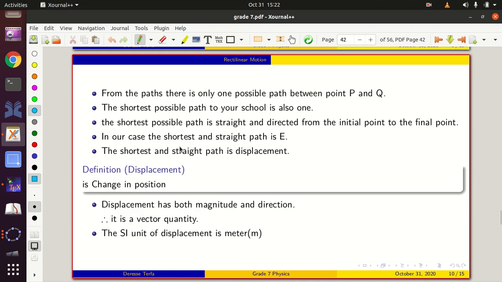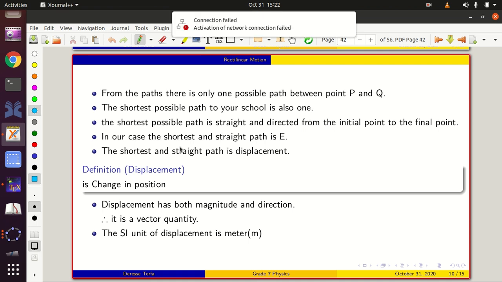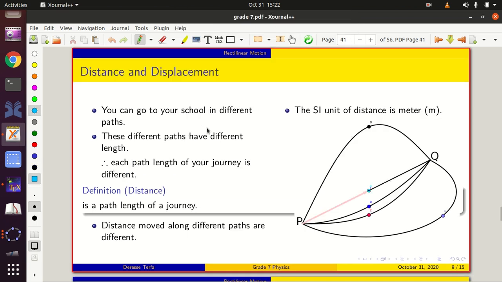From the paths, there is only one possible path between point P and Q that has the smallest length. In our case, the one along this path is the smallest.